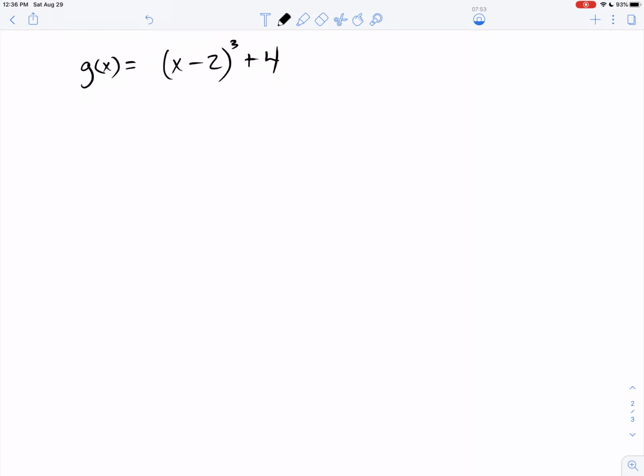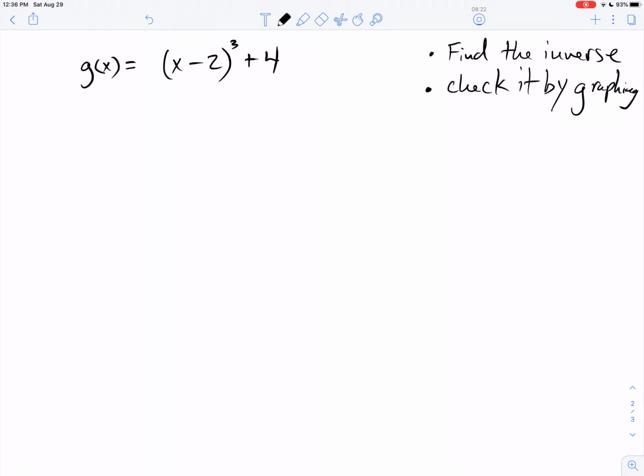But I want you to find its inverse and check it graphically. So the object of the game is to find the inverse, and the second object is to check it by graphing. I'm running out of room, so I'll squeeze that in.